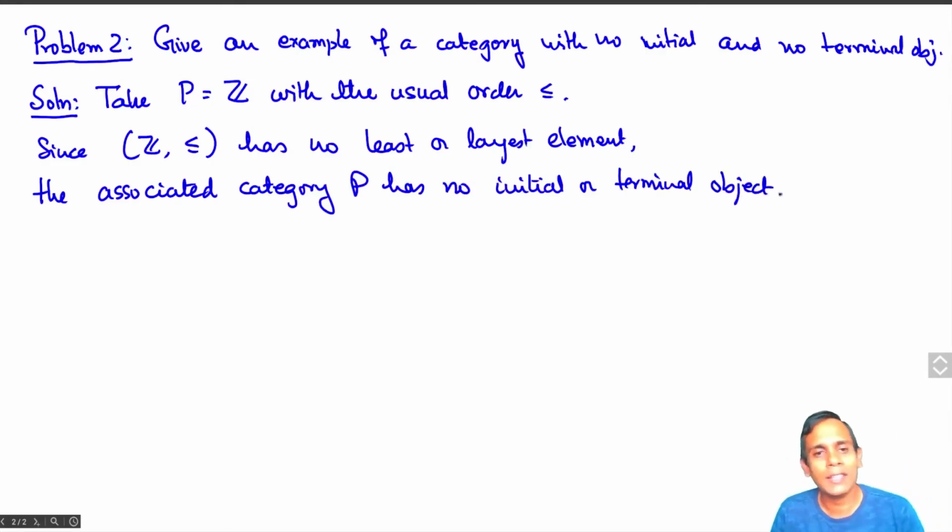And you can modify this example to get a category where there is an initial object and no terminal object. For example, take the non-negative integers. Or you could construct an example where there is no initial object but there is a terminal object, taking for example the non-positive integers.